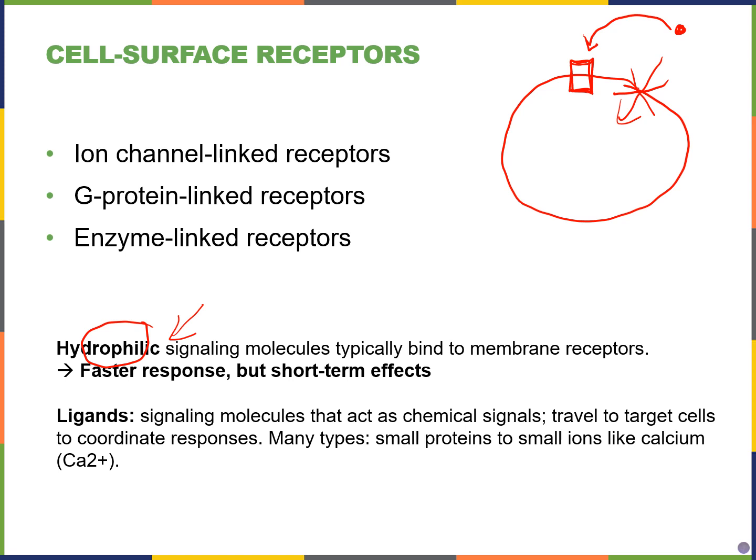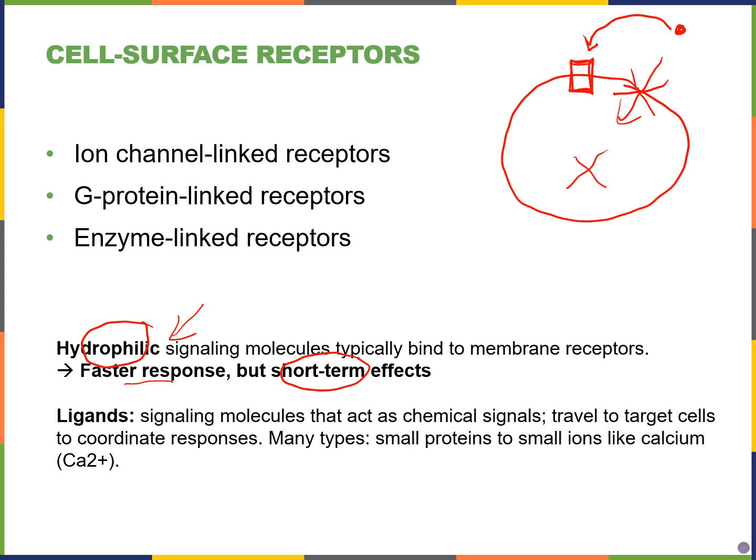For these, usually what happens is you get a fast response in terms of whatever happens inside the cell will occur pretty quickly, but these are also usually short-term effects from seconds to maybe minutes. It's not something that would cause a long-term days or years type of effect.